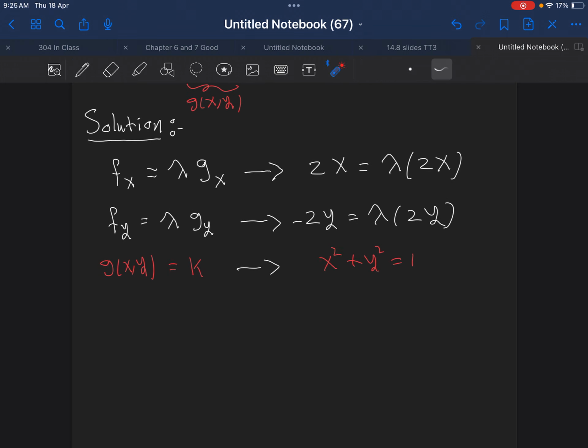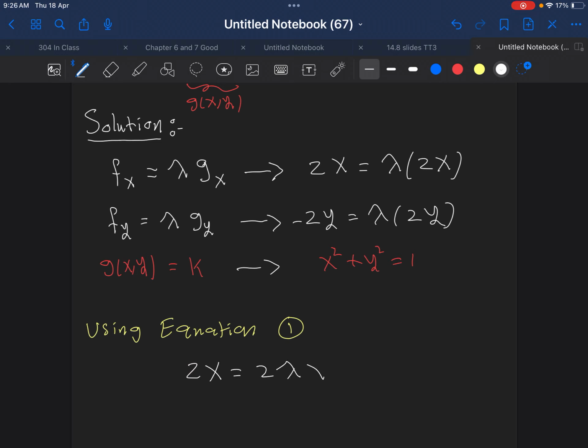Now, we need to start dealing with the equations one by one. So let me go to equation number 1. We have 2x equal 2 lambda x.